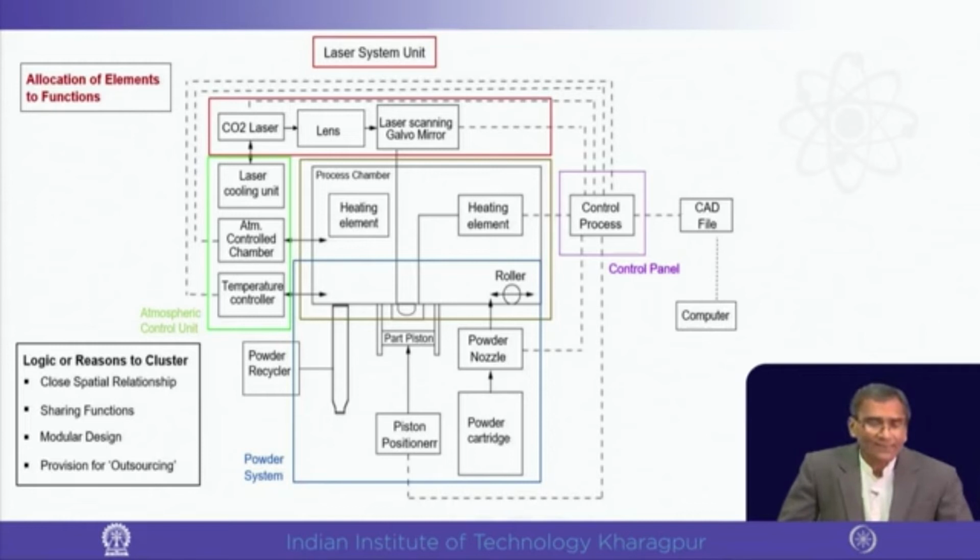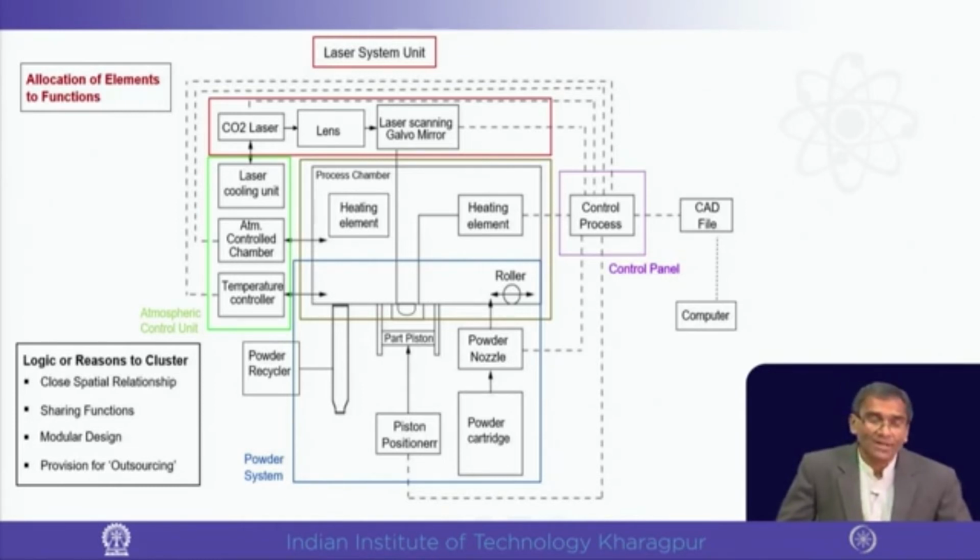And similarly, the physical components become the laser unit, atmosphere control chamber, temperature controller, part piston, the powder delivery is the powder nozzle, the storage is the powder cartridge, that cartridge is put in the machine, and the control process is the control panel or control cabinet, whatever you call it.